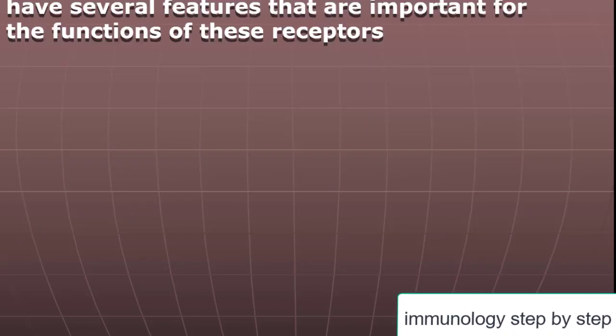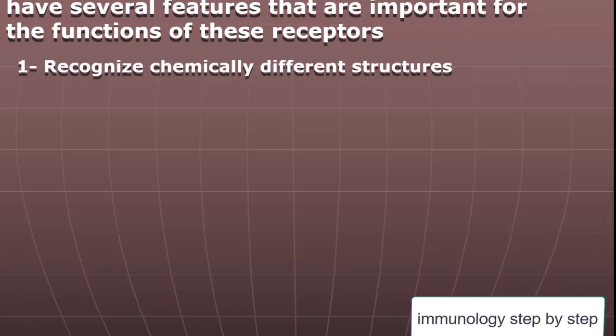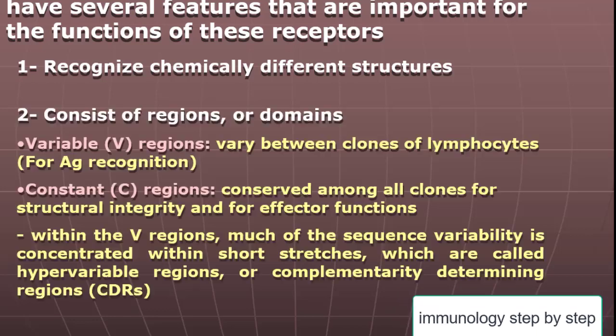Antigen receptors of lymphocytes. The antigen receptors of B and T lymphocytes have several features that are important for the function of the receptors. These receptors recognize chemically different structures and consist of variable regions or domains. V regions vary between clones of lymphocytes for antigen recognition.